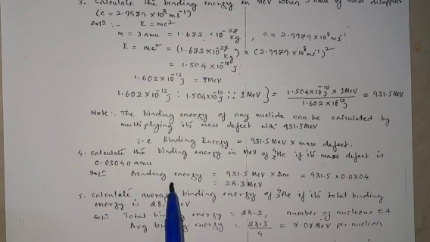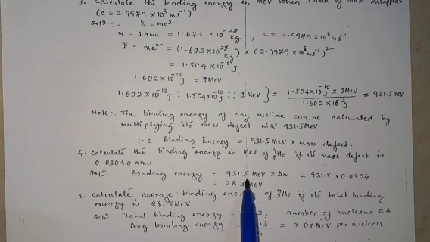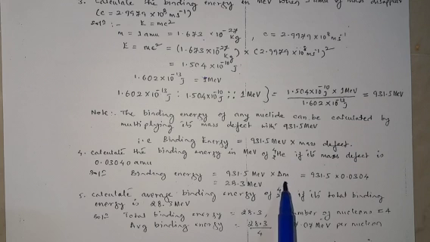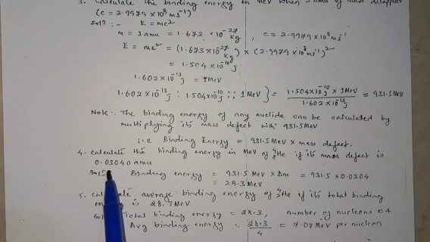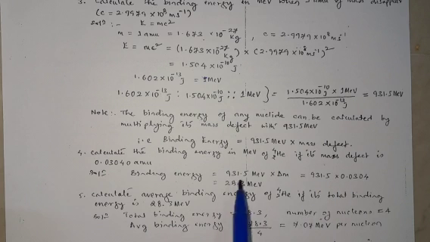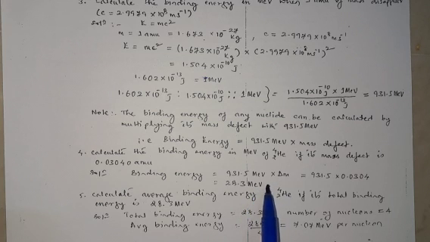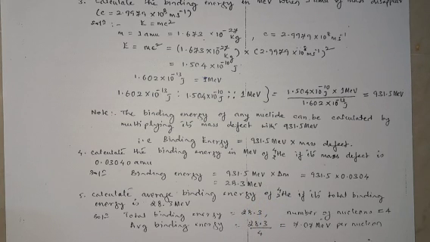We know that the binding energy is equal to 931.5 MeV into the mass defect, delta M. The mass defect in the case of the helium atom is 0.0304. When it is multiplied with 931.5 MeV, we get 28.3 MeV. This is the binding energy of the helium atom.